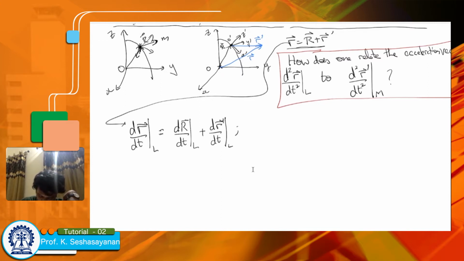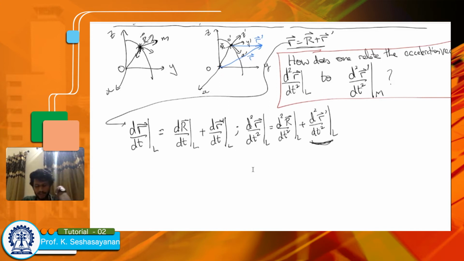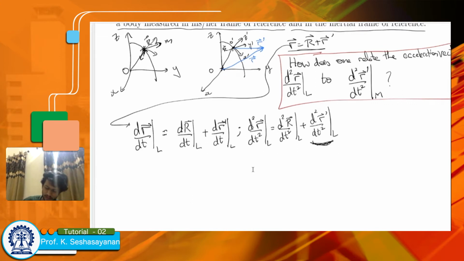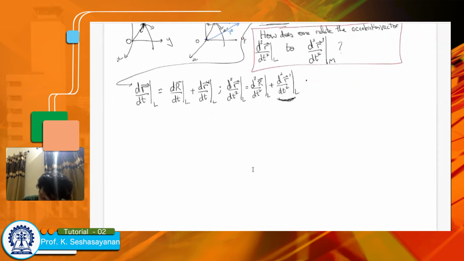Now I take one more derivative. I say d square r by dt square in the lab frame equals d square capital R by dt square in the lab frame plus d square r prime by dt square in the lab frame. But the information that we have is the acceleration in the moving frame, so we'll have to relate the acceleration of r prime as measured in the lab frame to the acceleration as measured in the moving frame. This is the standard expression that we have already seen.